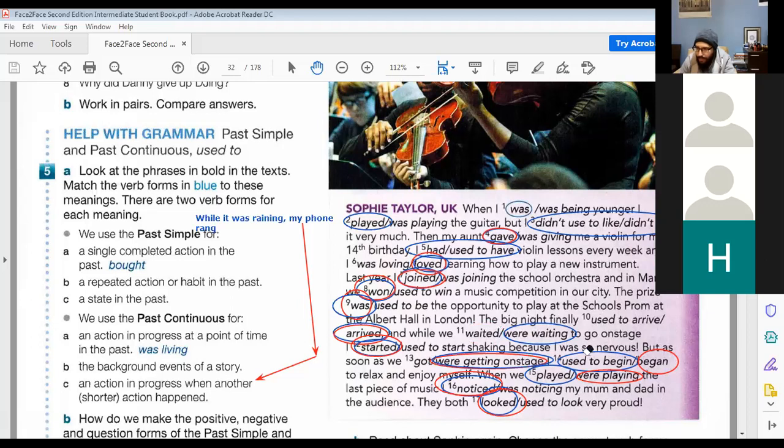Okay, then it says we're getting on stage. What do you think here? As soon as we... Here I'm talking about this phrase: as soon as.